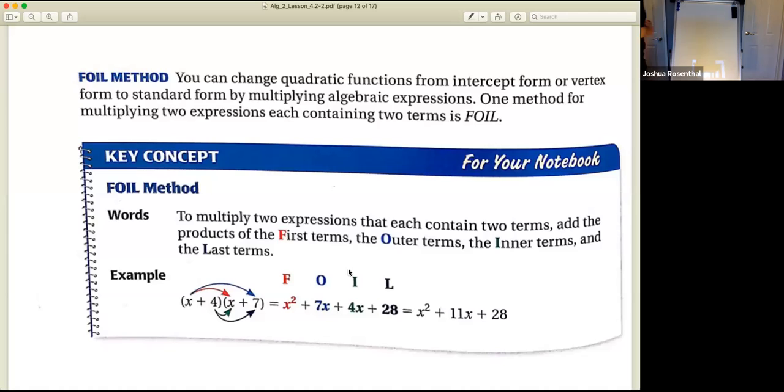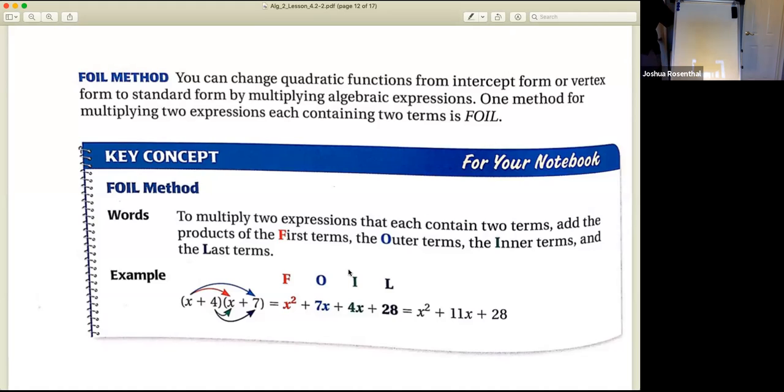But anyway, I think you guys know how to expand x plus 4 times x plus 7. This is called expanding it, because you can see this is tighter and this is expanded out. You can see how it's 4 separate terms instead of the product of 2 factors.